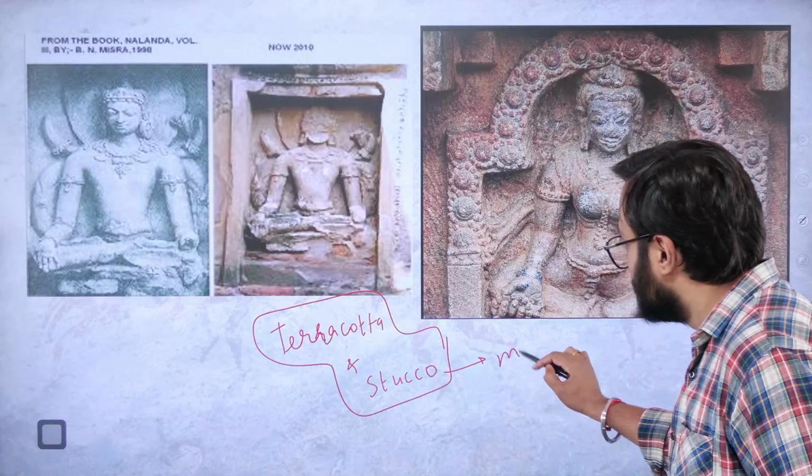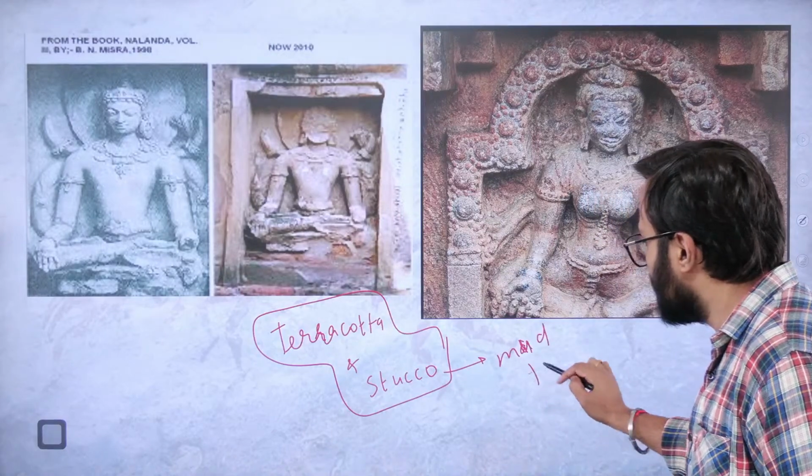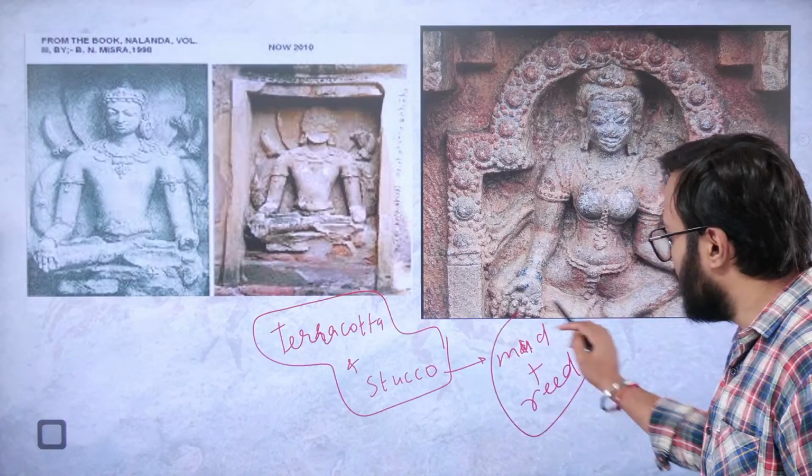What is the stucco? Guys, have you ever seen that in the mud there is a combination of the reed? Okay, combination of the reed. What is the reed? Reed is basically the dry grasses, the husk, the hays, etc. So these grasses, husk or hay, that is combined with the mud, and then we get a very compact and a very strong structure that is called as a stucco.